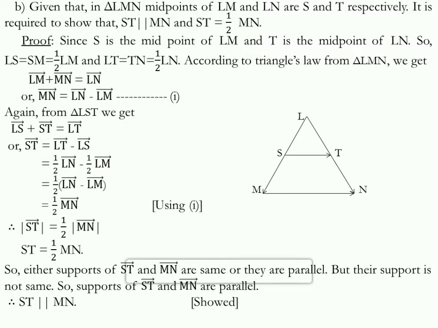But from the figure it is very clear that ST and MN are not on the same supporting line. So the supporting lines of vectors ST and MN are parallel. So ST is parallel to MN. We have already proved ST equals half of MN. So that concludes the proof of number B.